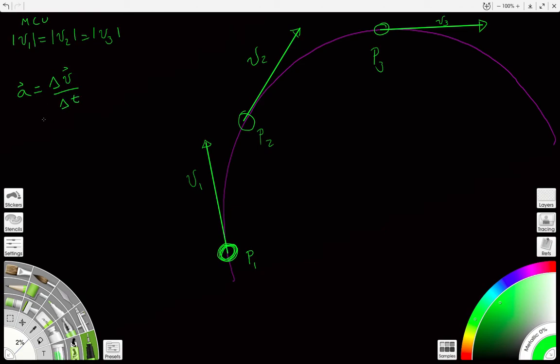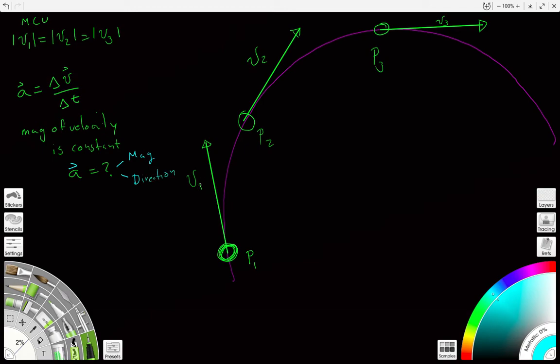Here the magnitude of the velocity is constant. So should we have acceleration if the magnitude is constant? Well, yes, because acceleration is also a vector quantity, and it implies changes both in magnitude and direction.